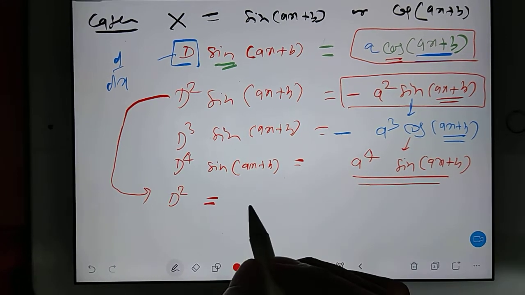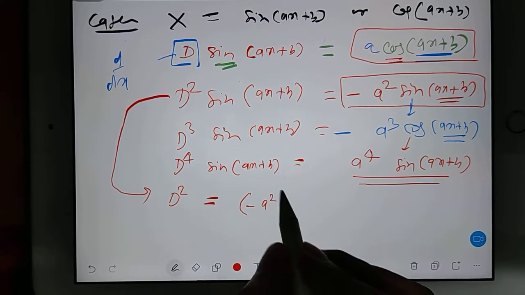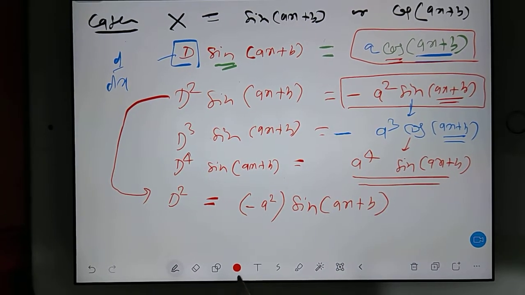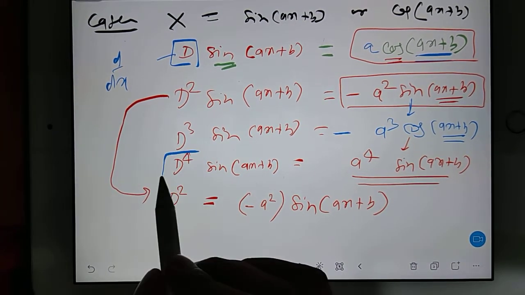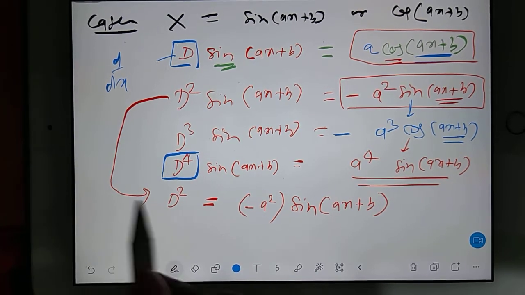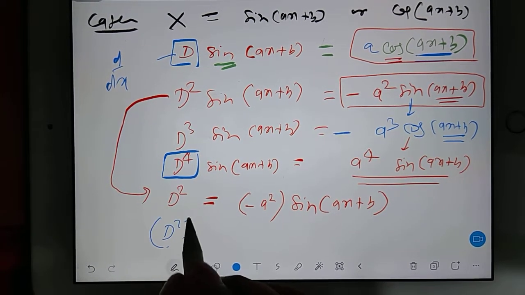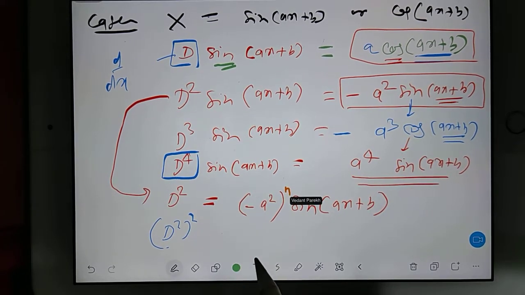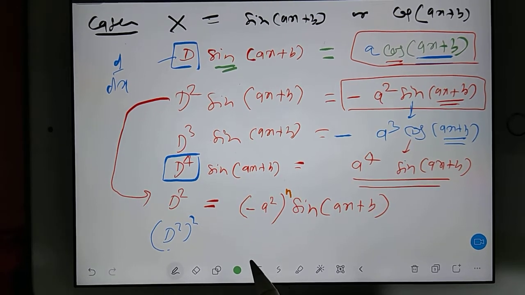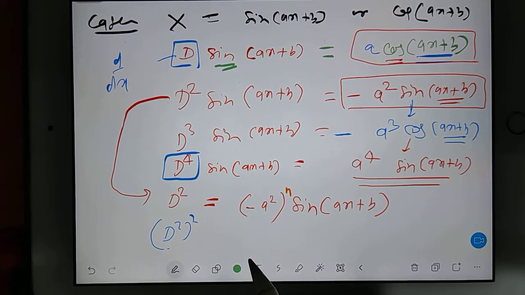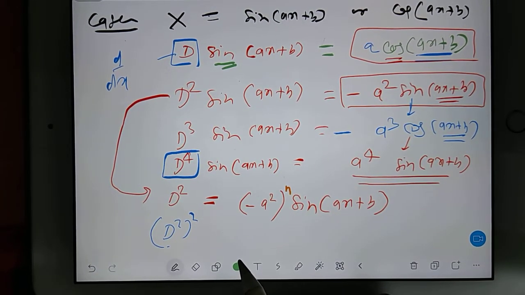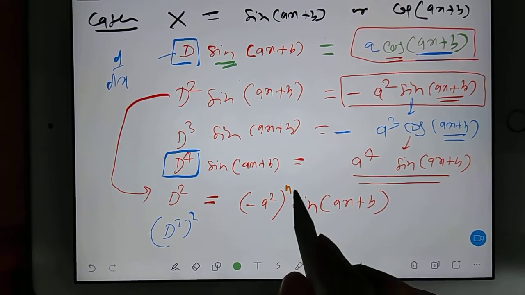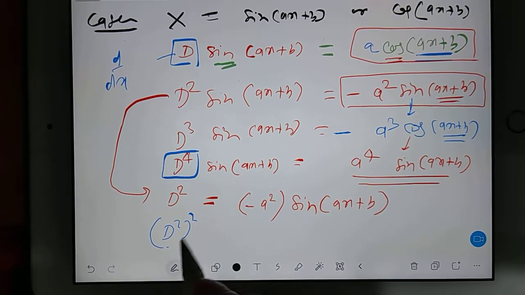I will try to link how they are similar. This d square value I will copy here. I will just put minus a square together. These things are like playing with mathematics. Now this d power 4, I can write as d square whole square. Okay, currently I will not write n, just wait for me.